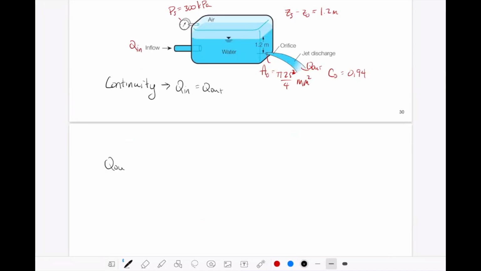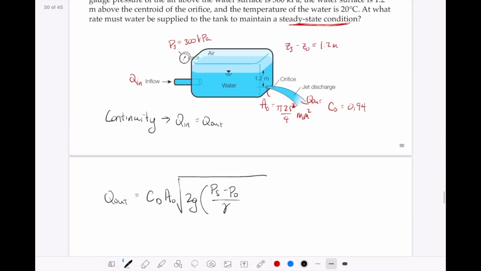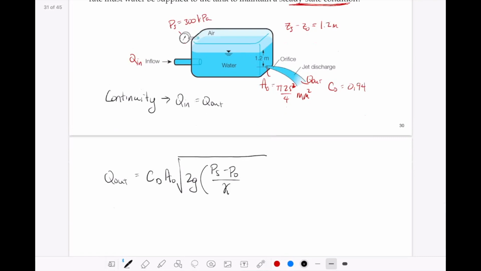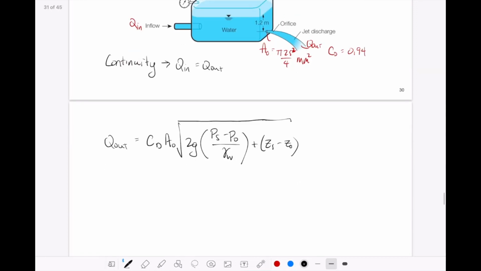So Q out is equal to CD times A0 times the square root of 2 times gravity times the pressure at the surface minus the pressure at the orifice divided by gamma, in this case for water, plus the surface elevation minus the elevation at the orifice. So we said our CD is 0.94.